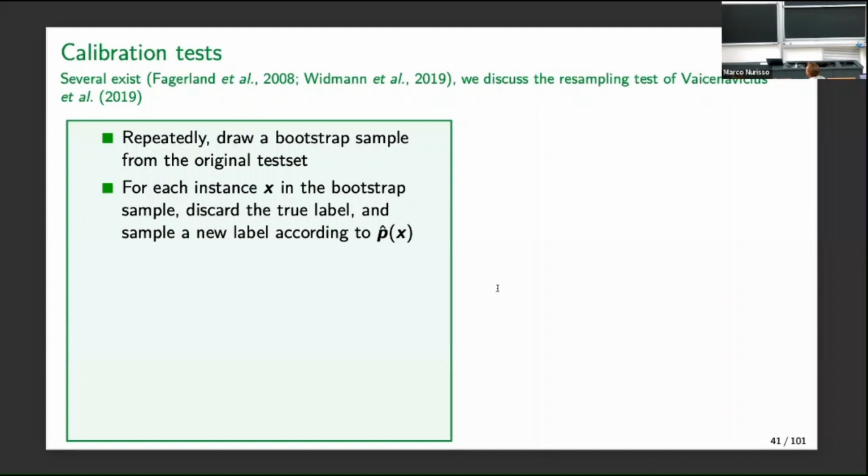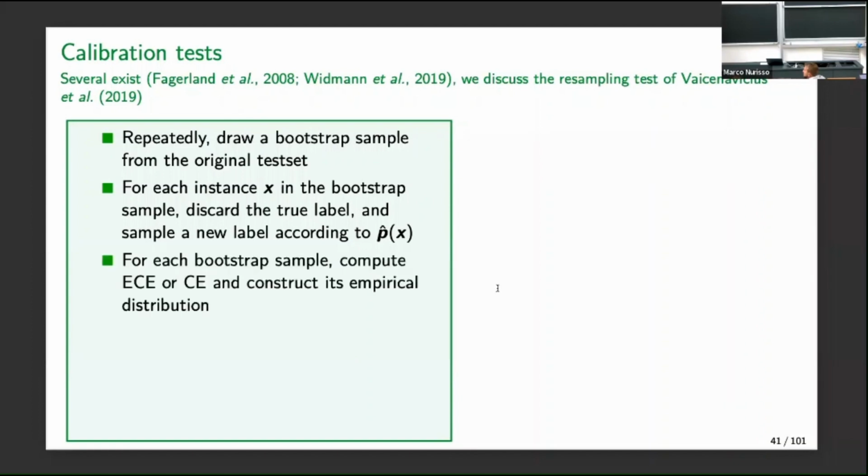We're not going to use the true labels, but according to our predicted probabilities, we sample new labels. We do that to build up a null distribution, a distribution under the assumption that the null hypothesis is true. So for each of those data sets, you now have new labels.